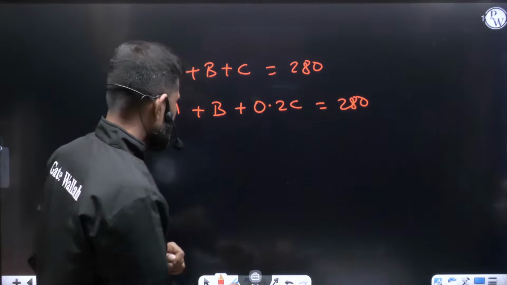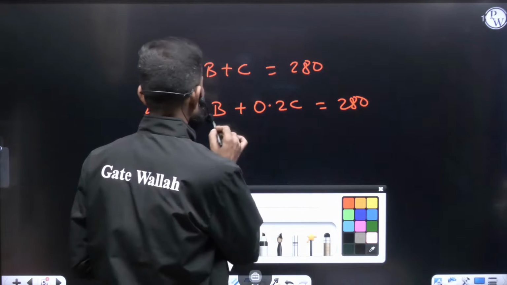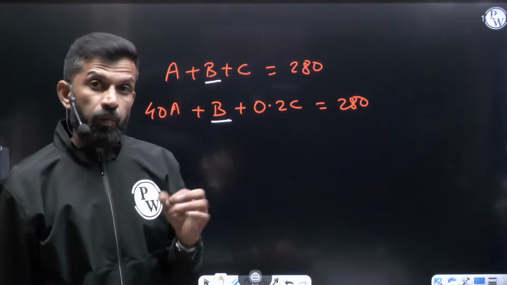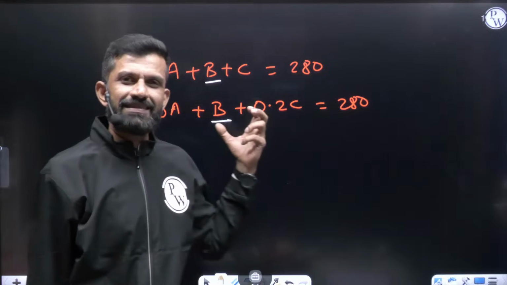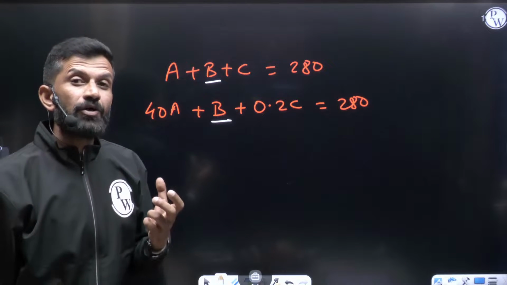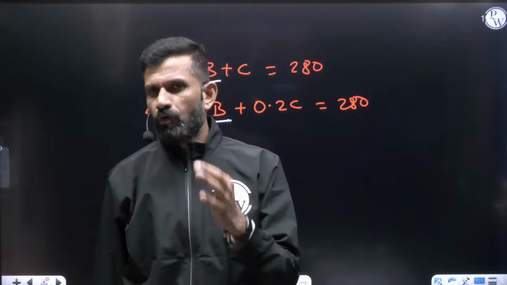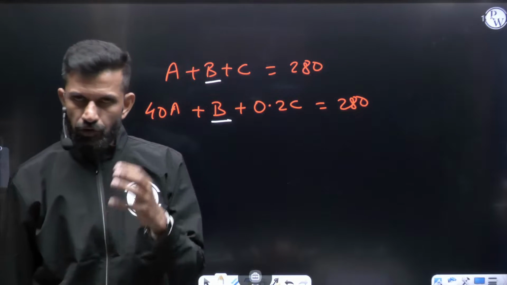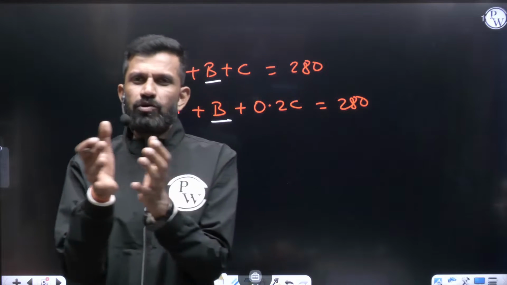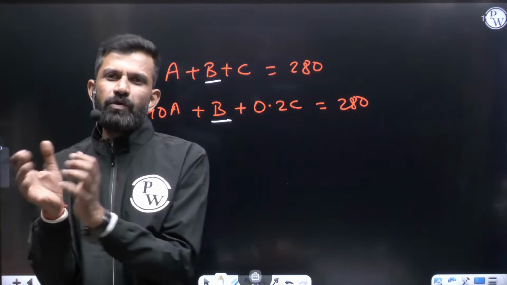Remember one thing, this B will get cancelled. Why is this variable getting cancelled? Because B is according to the condition given in the question. What was the condition? Total number of products and total money spent should both be 280.